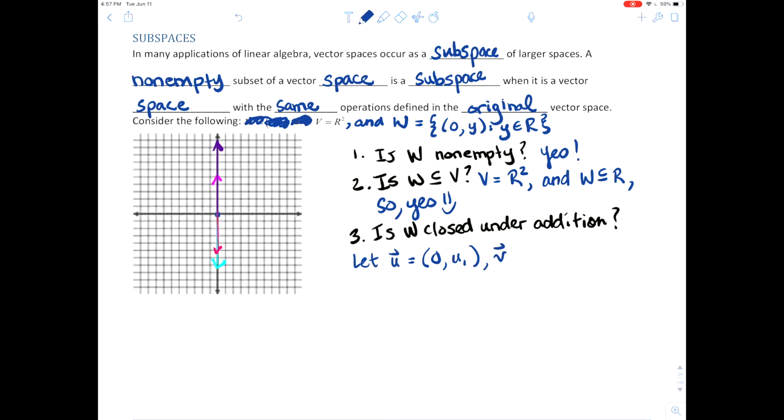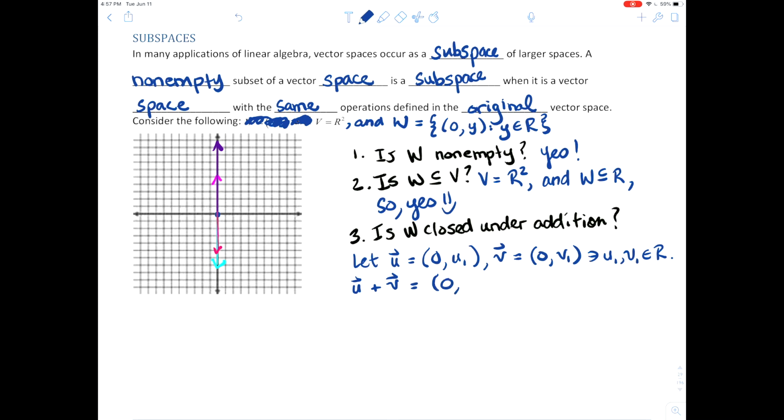And let's let the vector V equal to 0, comma, V1, such that U1 and V1 are elements of the real numbers. And also, okay, so we have it set up, U plus V. Do you notice that both U and V are elements of this set? So let's take a look at what U plus V looks like.